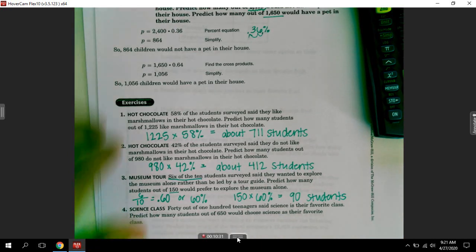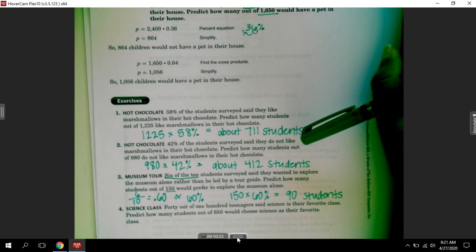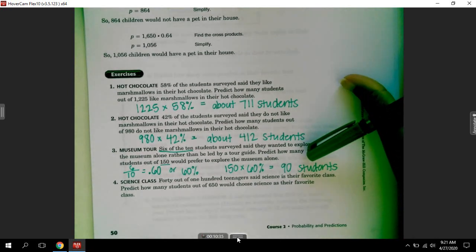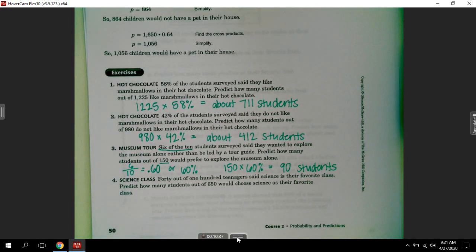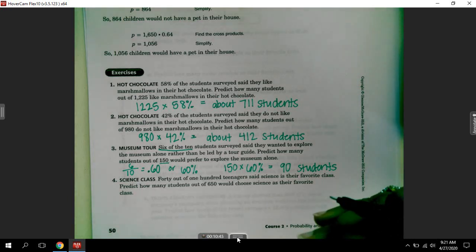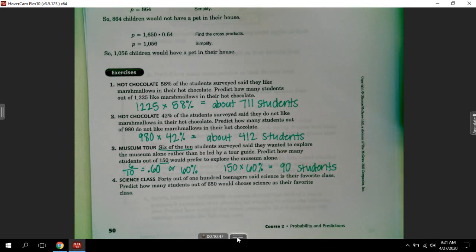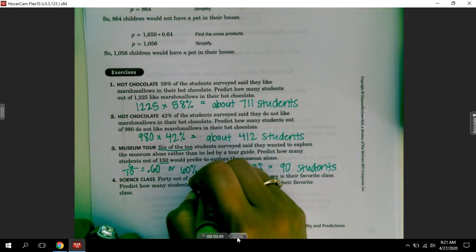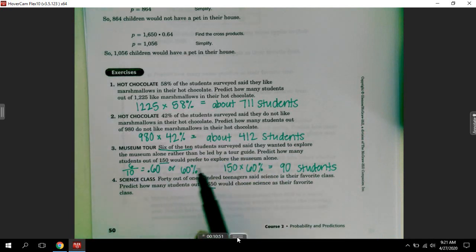And then last example, number 4 says 40 out of 100 teenagers said science is their favorite class. Predict how many students out of 650 would choose science as their favorite class. So this is really similar to problem number 3 that we just did. I know that I'm surveying 650 students, but I don't know my percent.